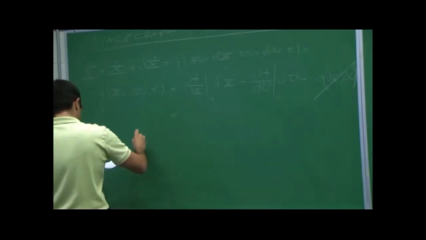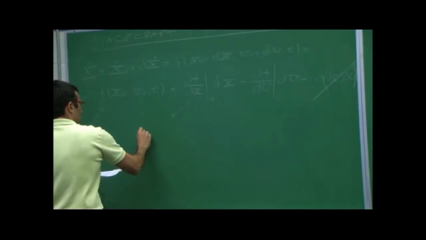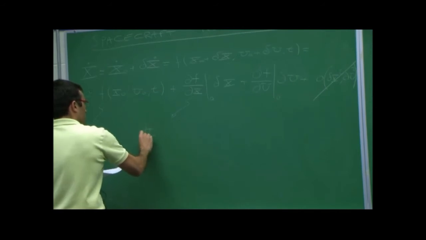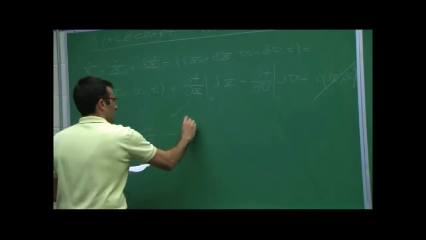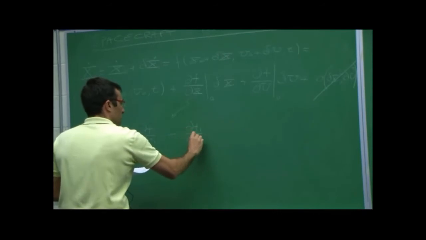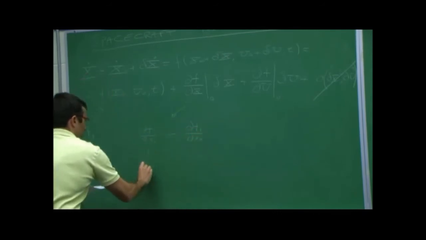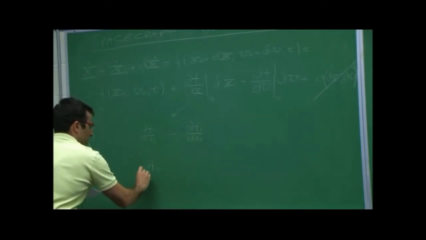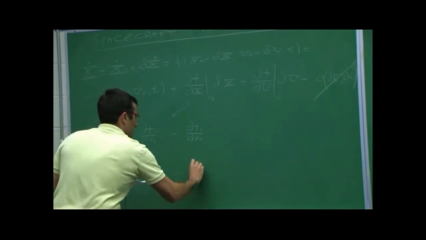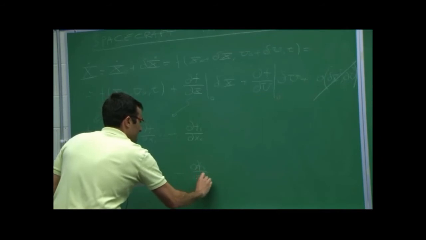for example, this one is going to look like this. It's the partial of the first function f1 with respect to x1, and then you keep going with the same function all the way to xn, and then you go to the other ones. So in the end you have the last one, which is dfn with respect to x1 and dfn with respect to xn.